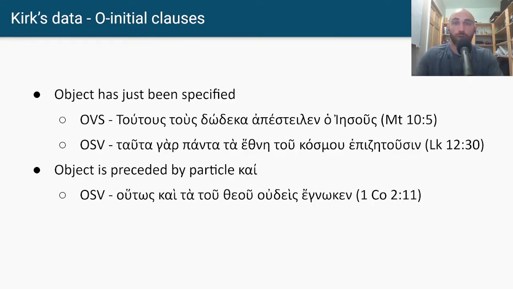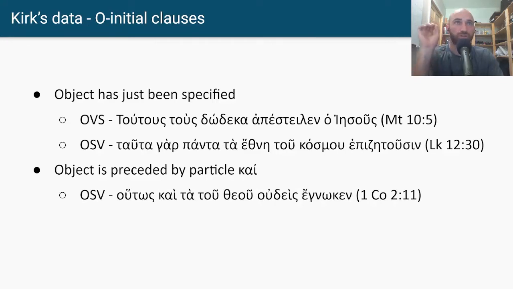We had all 6 possibilities. So she goes through all the data and asks why we have O-initial clauses. This is where she starts, and this is where we will start. So OVS and OSV: why do we have this order? What about these contexts is triggering this?